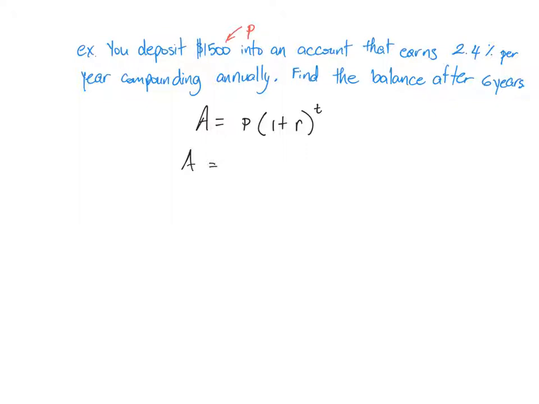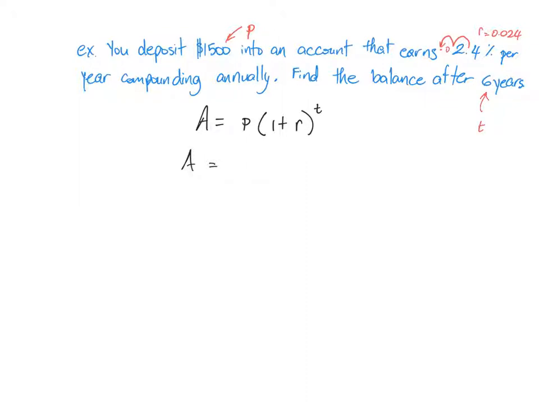We do that by moving our decimal point 2 places to the left, and so we get that R is 0.024. Our formula has one more thing we need to plug in, and that's time in years. Fortunately, this question already gave us the time in years, and that is 6, so that is our T value.